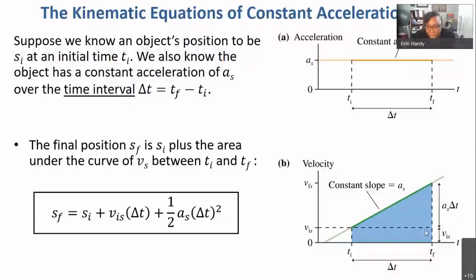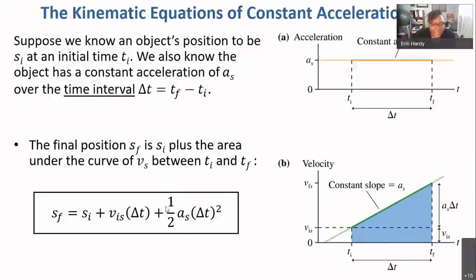For the triangle up here, it's still got the same width, so the base is delta t. But the height now is going to be a_s times delta t. So 1/2 of a_s times delta t is just the area of this triangle, as opposed to the entire rectangle that would encompass the space from t initial to v final s to t final.